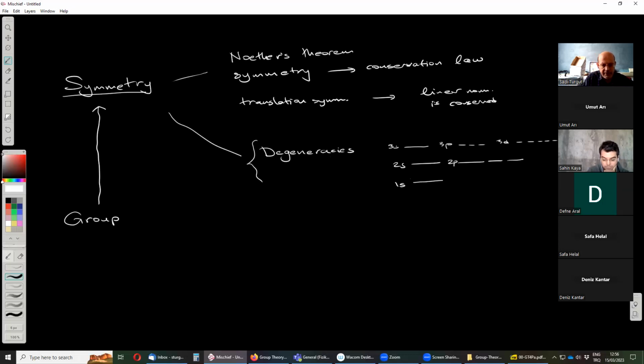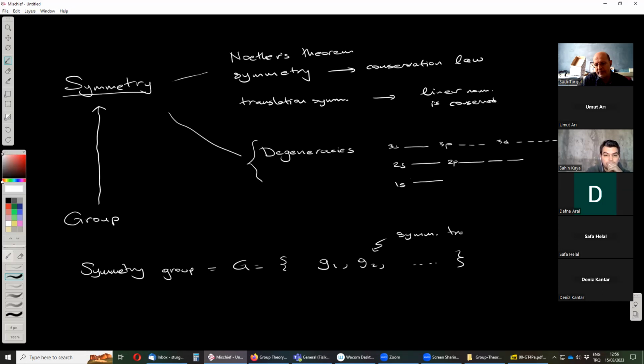So basically, we have the construct of a symmetry group. Okay, so that's G, and it has some elements, right? So there's a list of elements in here. Each one of them is going to be a symmetry transformation.